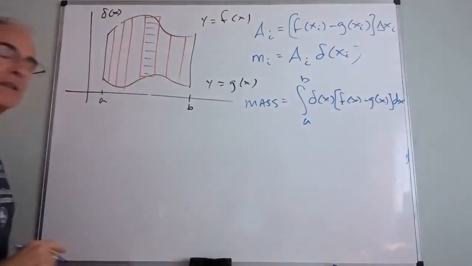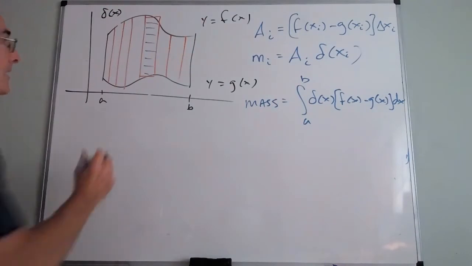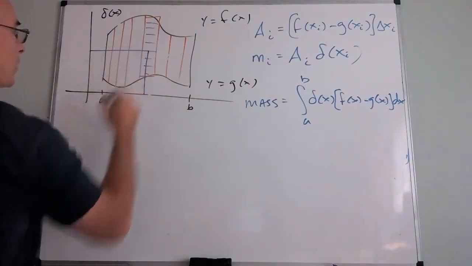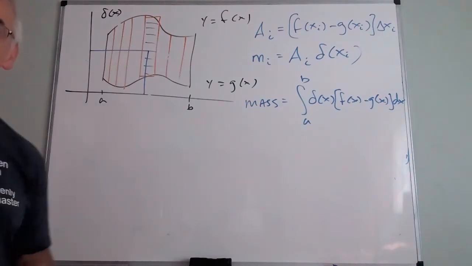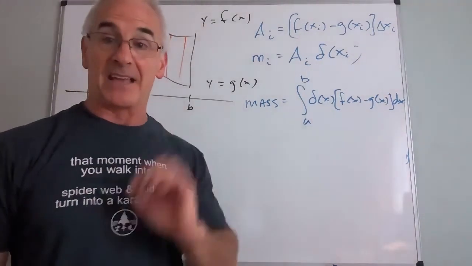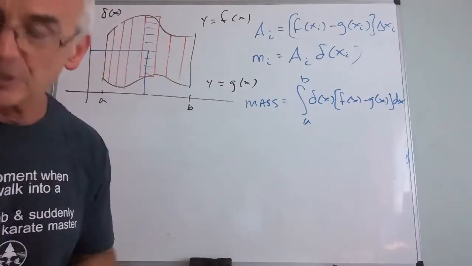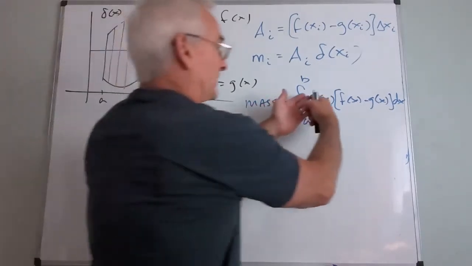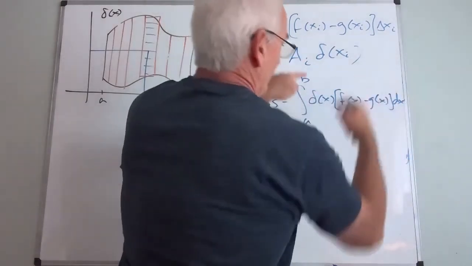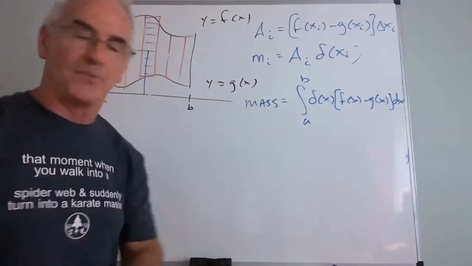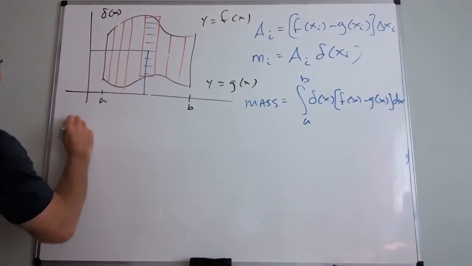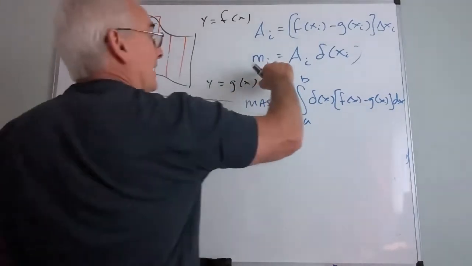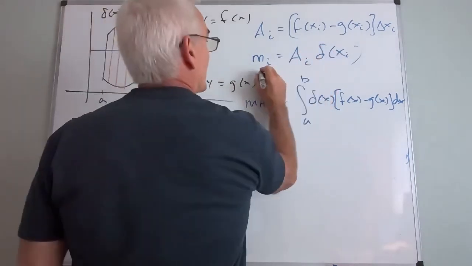Now, the tricky part is, how do I find this moment and this moment? See, I now have two moments. I have a moment to the x-axis and a moment to the y-axis. We already knew how to find the moment to the y-axis. That didn't change. Remember, it's this with an additional x in there. That's what we did before. So I'll call it capital M to the y-axis. That's easy. In fact, I'll write it right here.